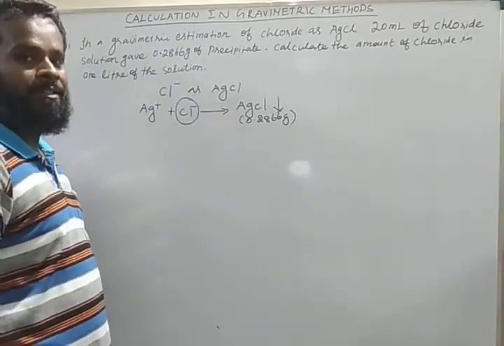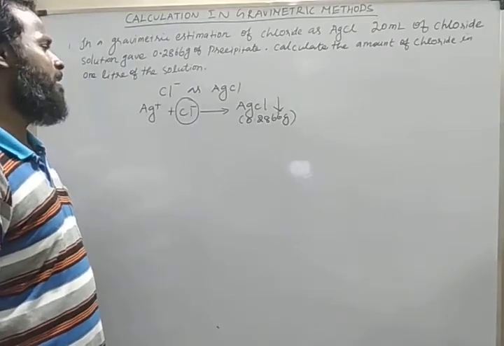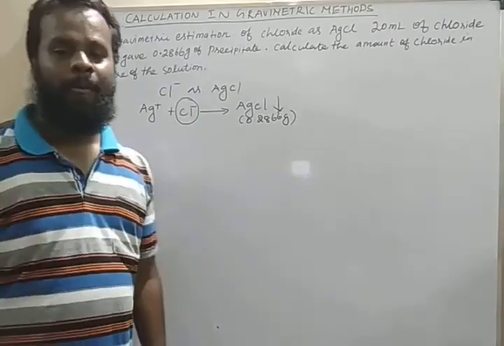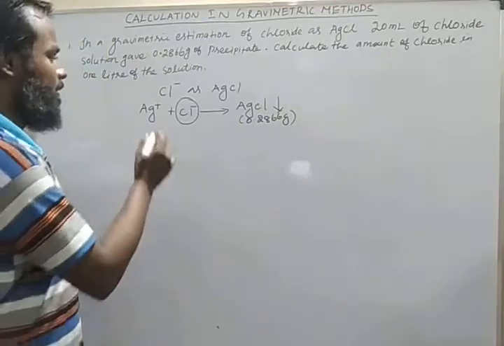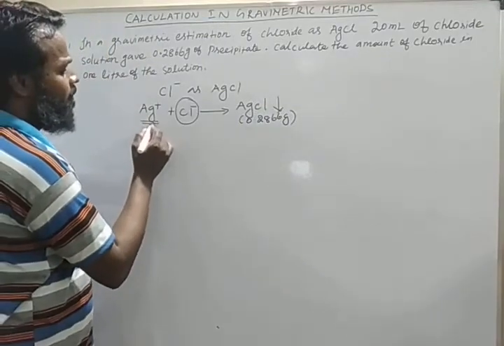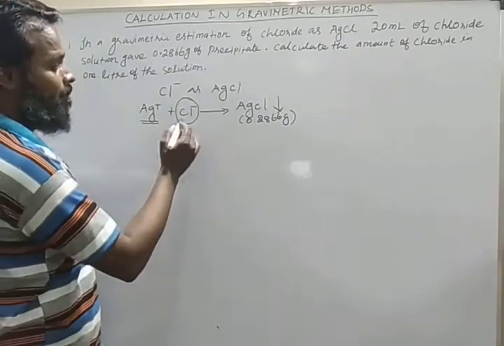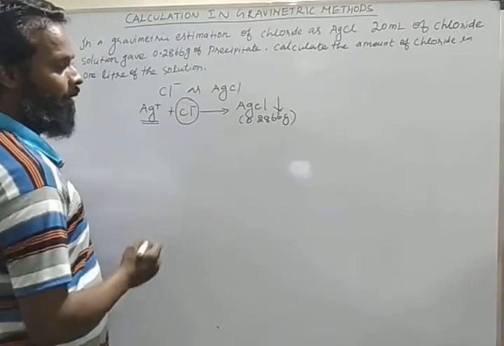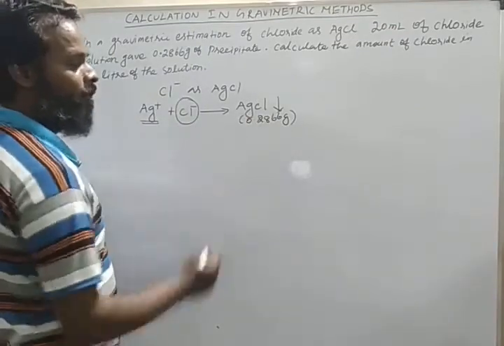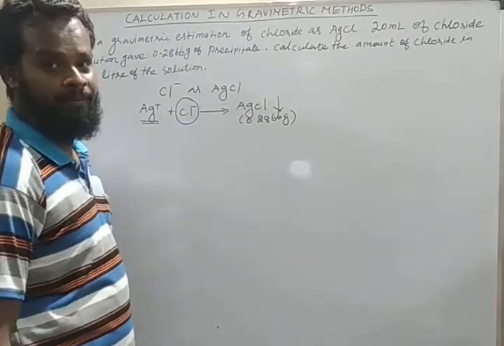This is what we are going to estimate. For this, we have to know that 1 mole of Ag plus combines with 1 mole of chloride ion and gives 1 mole of AgCl.